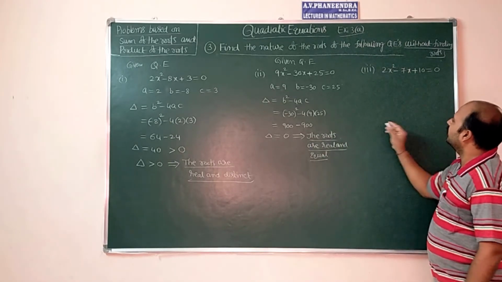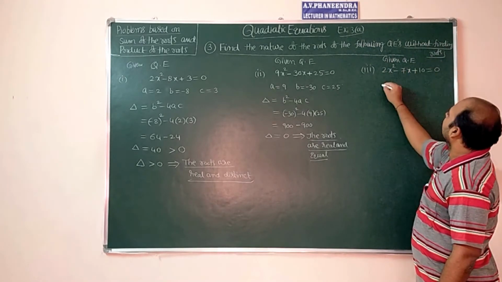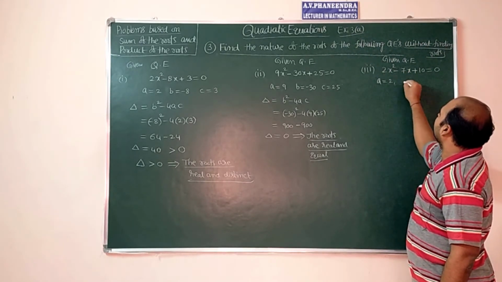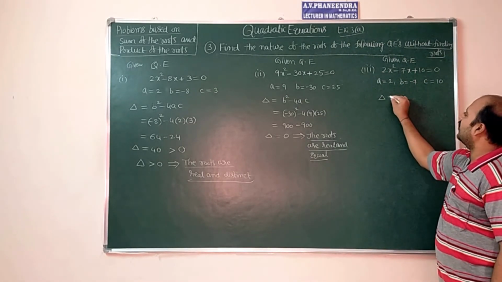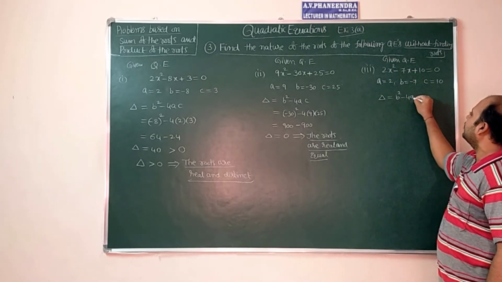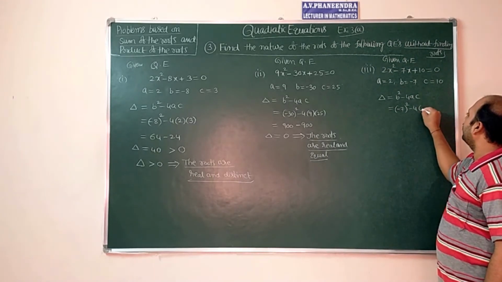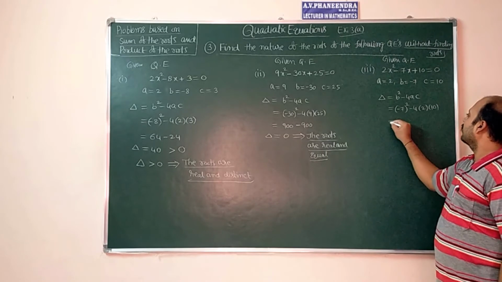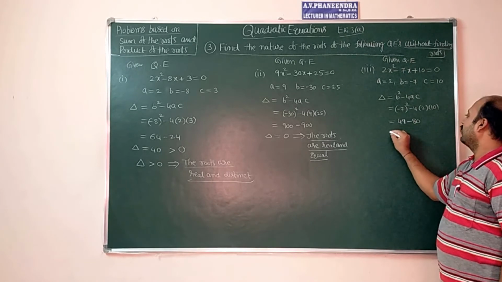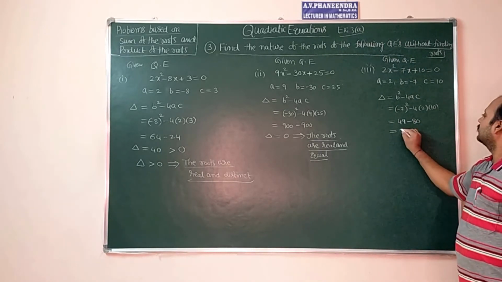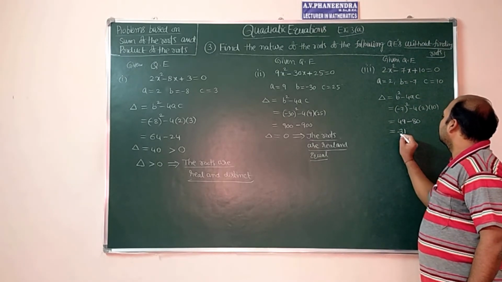Come to the last question. Given the quadratic equation, here a equals 2, b equals -7 and c equals 10. Calculate the delta value b² - 4ac, which is equal to (-7)² - 4 into 2 into 10, so 49 - 80, which is equal to -31.